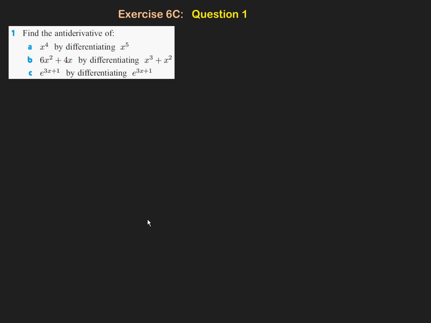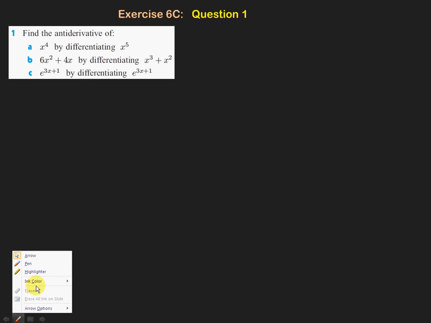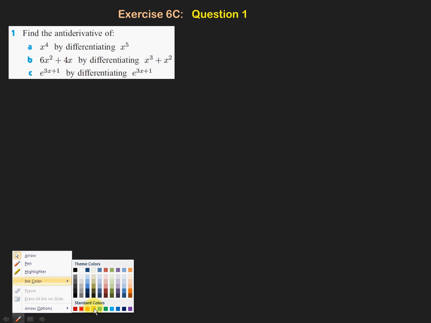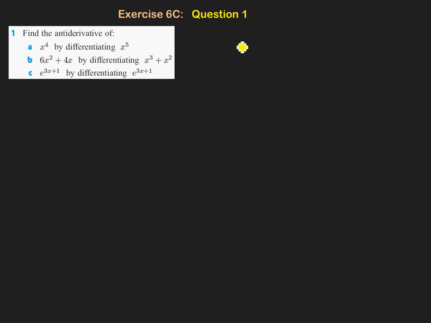Let's look at the idea about derivative and antiderivative, and then we look at a couple of examples. Get a pen on. First of all, if you have a function, you derive it, you get dy dx, and of course the idea is that it's like a two-way street.